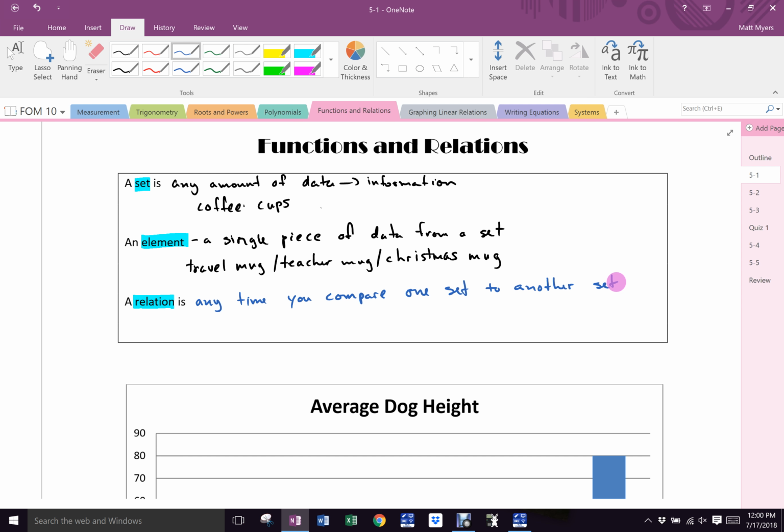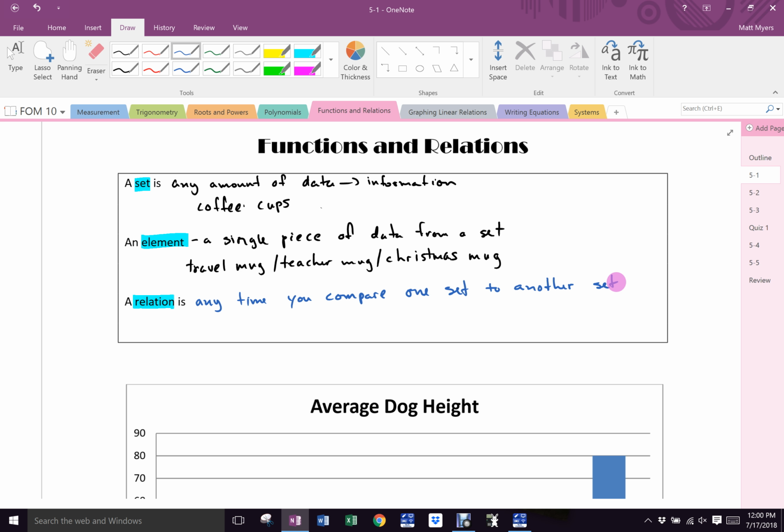My hand. Does everybody understand? This illustrates a relationship between my hand. How many pieces of data are in the set of hands in the air right now? How many elements? There's one element in that set. How many elements are in the set of cups? 3 elements. What's the relation? One hand will hold 3 cups.